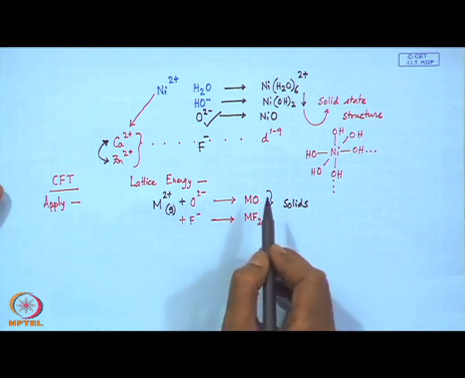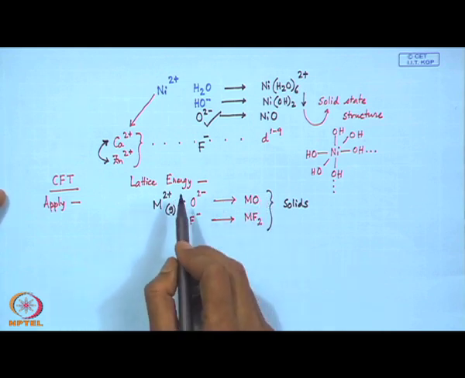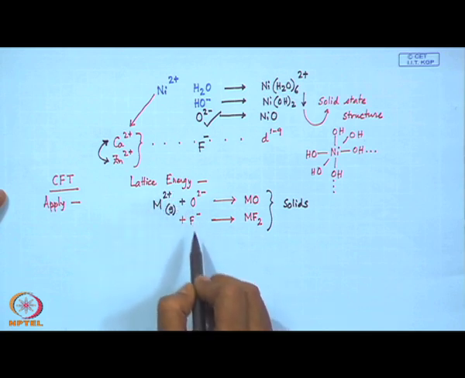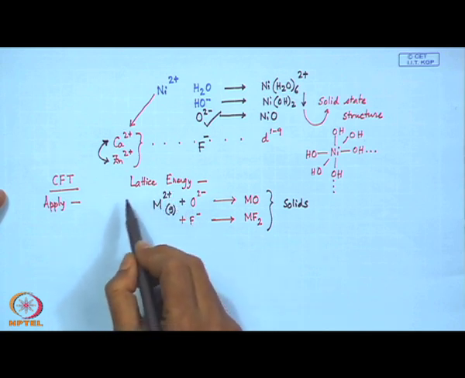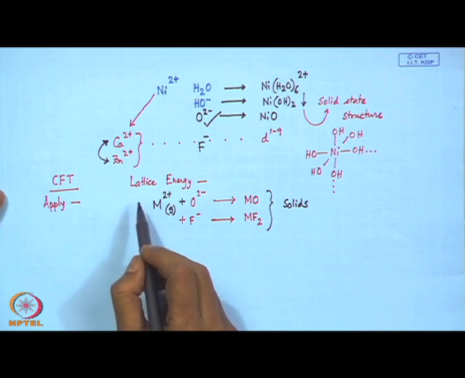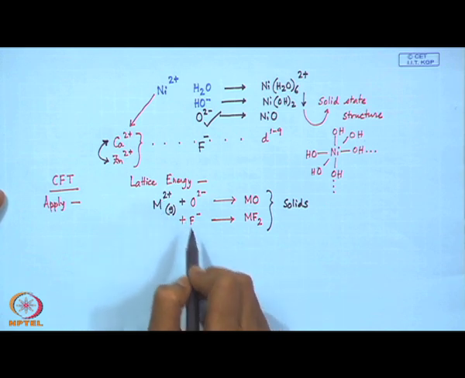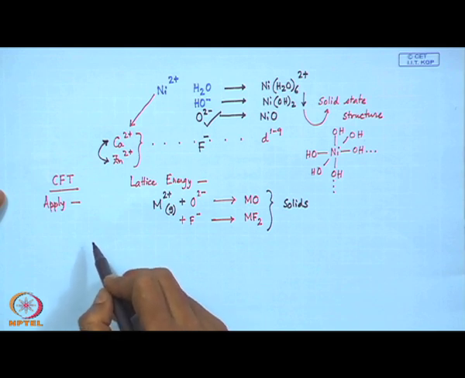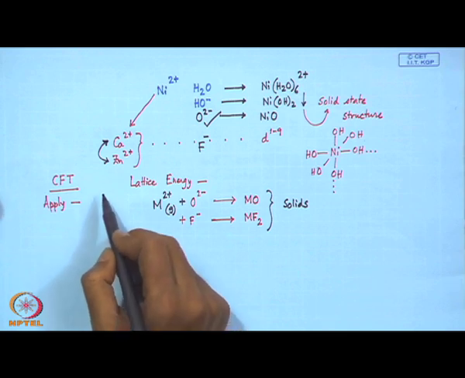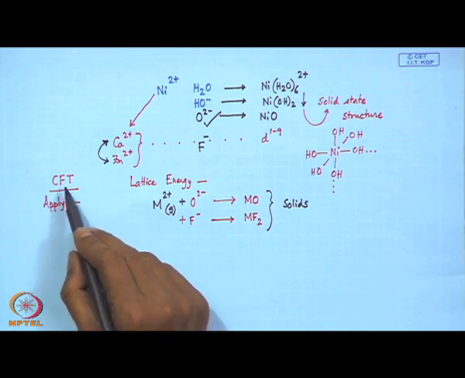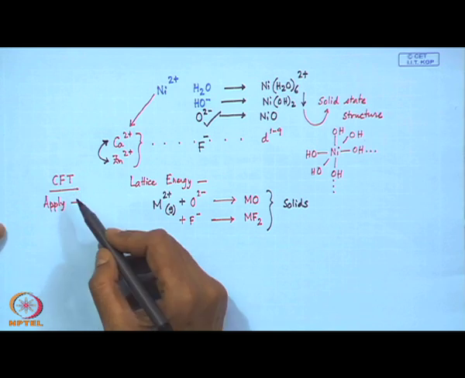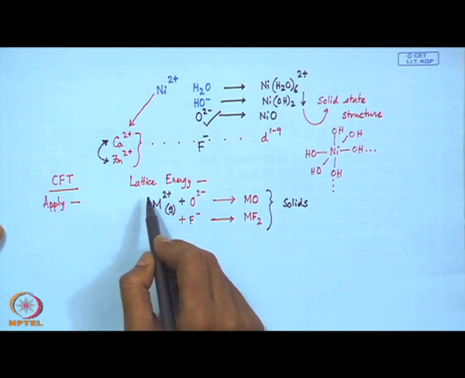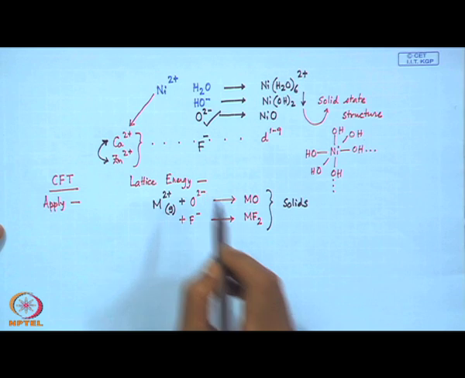In the entire Born-Haber cycle there are certain steps to get back to the complete cyclic process, where the individual steps involve some energy values, and one such step we can consider is the step where the crystal field can contribute some amount of energy to the entire lattice energy term.